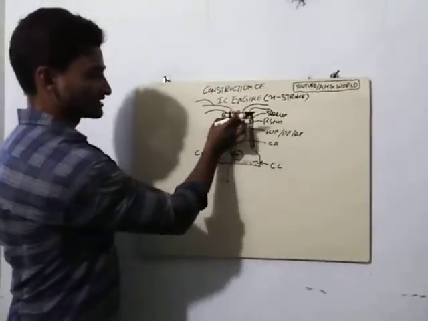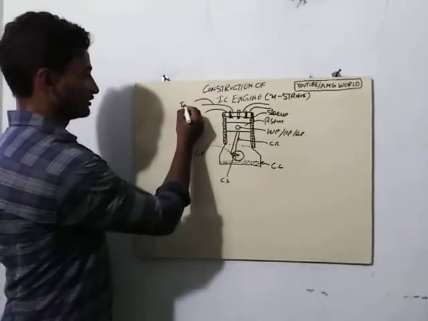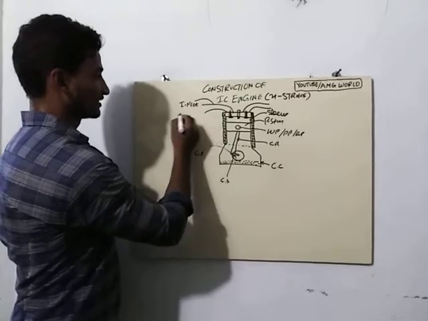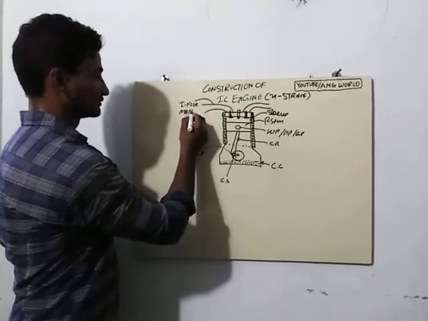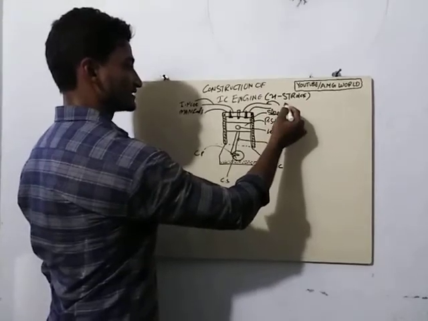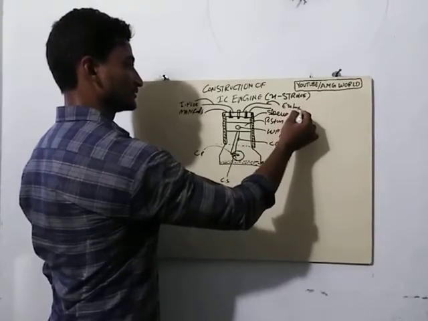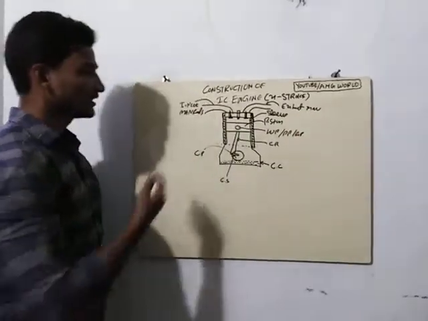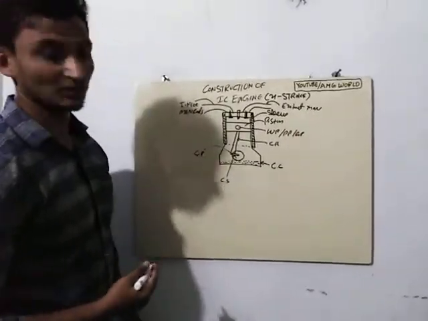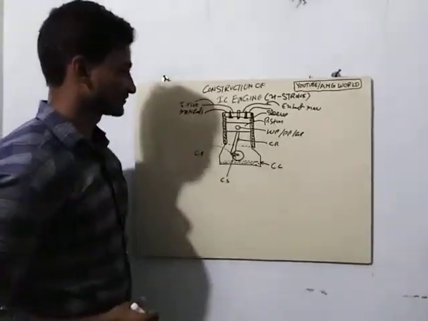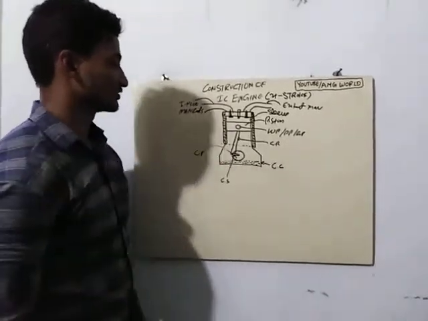If I am considering this one as the inlet manifold, and this one as the exhaust manifold, these are the major parts which are kept in the four-stroke engine.